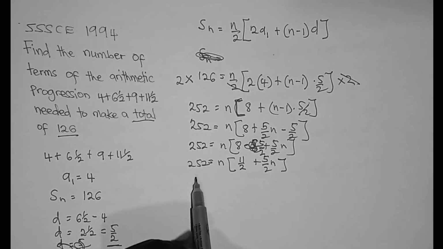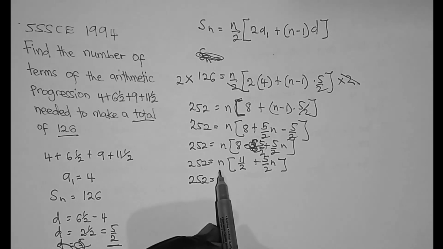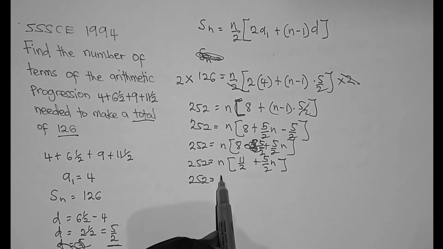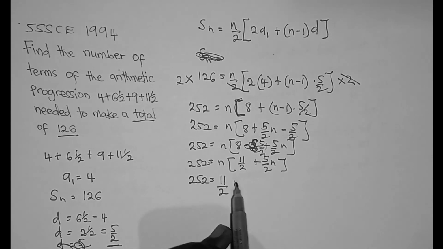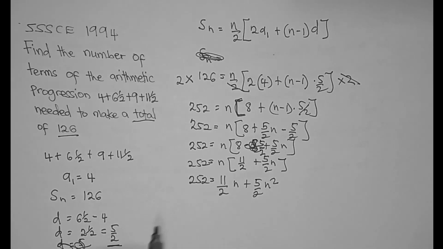So in multiplying through by n, you see that 252 is equal to 11 over 2 times n will give us 11 over 2n. Then plus 5 over 2n times n becomes 5 over 2n squared. So let's multiply through by 2. So 2 times 252 is equal to 504.